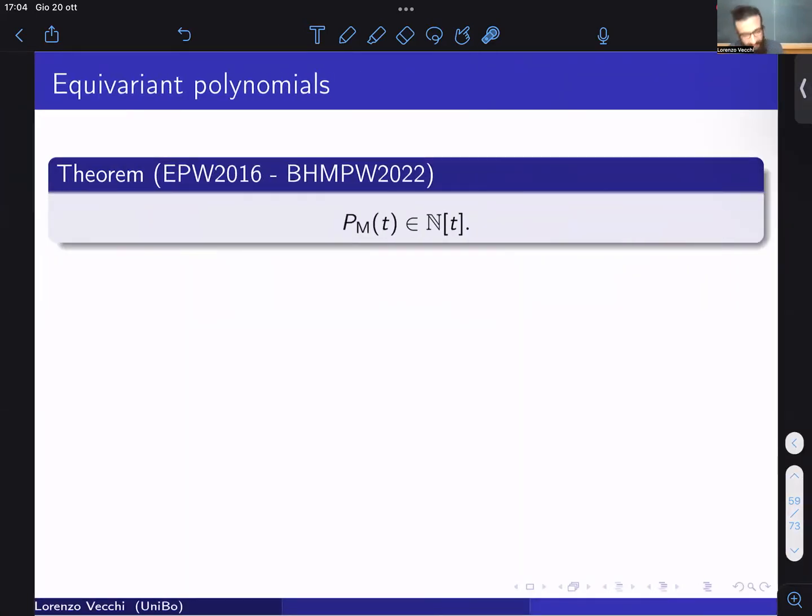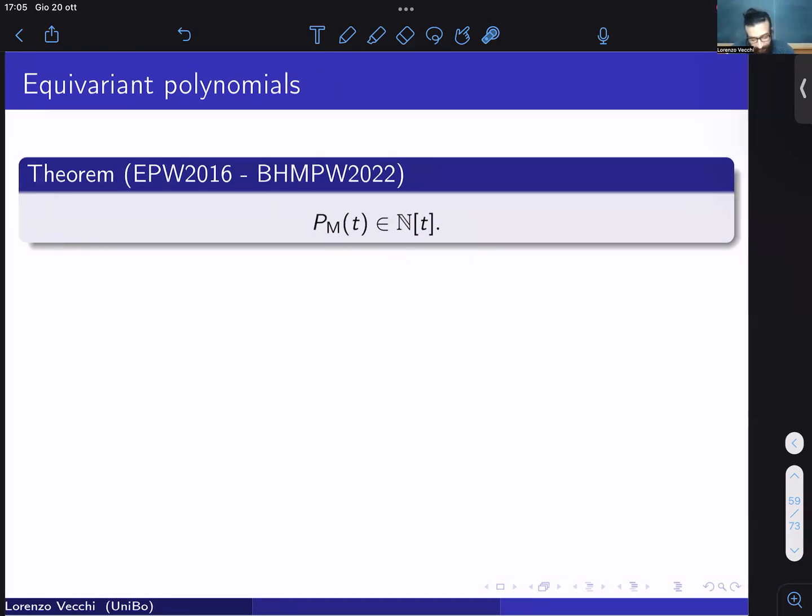So let's go back to this really important result. The Kazhdan-Lusztig polynomial has integer non-negative coefficients. So what do I want to do when I look at natural numbers? One thing I can try to do is build what are called equivariant polynomials. By that, I mean that I want to take this and upgrade everything to a higher categorical level. I'm going to be very informal.